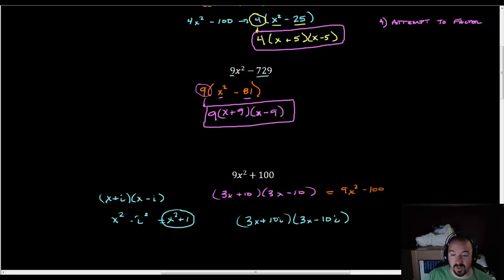You take this 10, multiply by that negative 10, you get negative 100, but i times i is i squared, and i squared is negative 1. So you have negative 100 times negative 1, which gives you positive 100. This is equal to 9x squared plus 100.